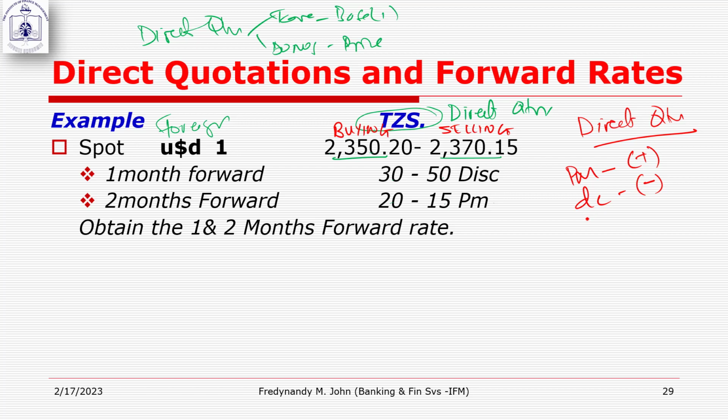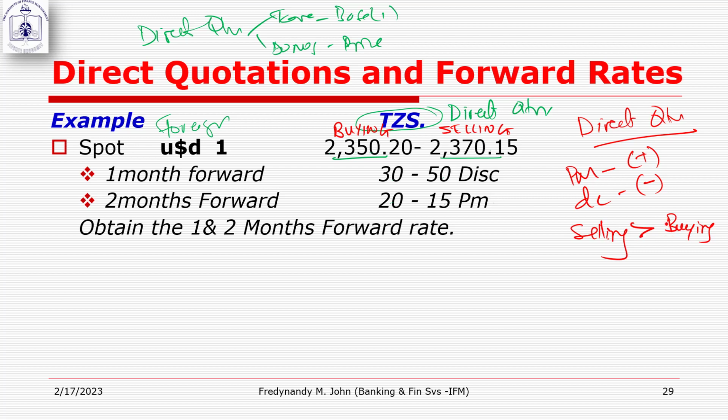So, under direct quotation, you're supposed to ensure that at all times the selling rate is greater than the buying rate.